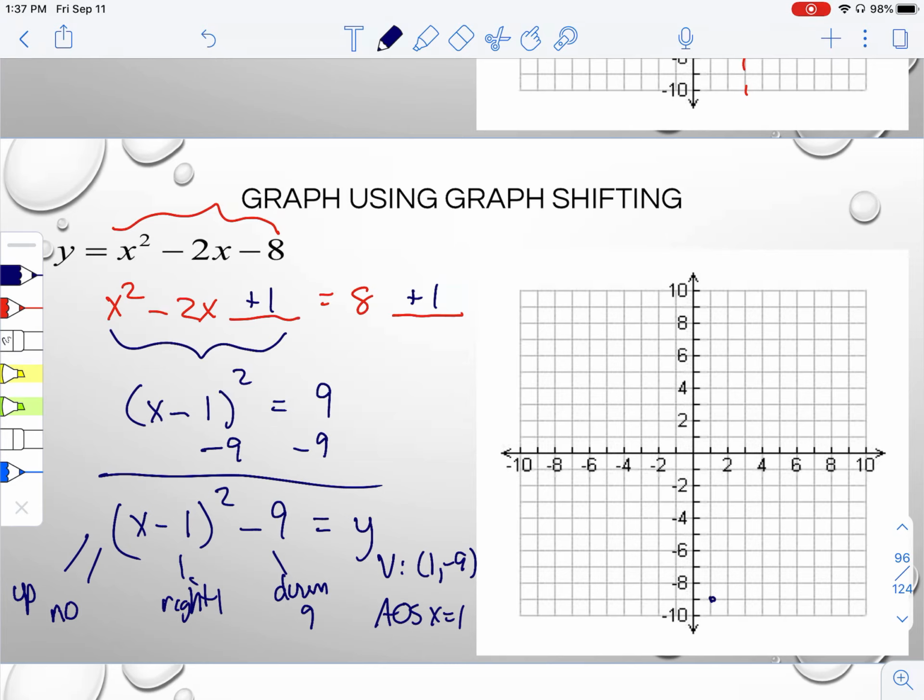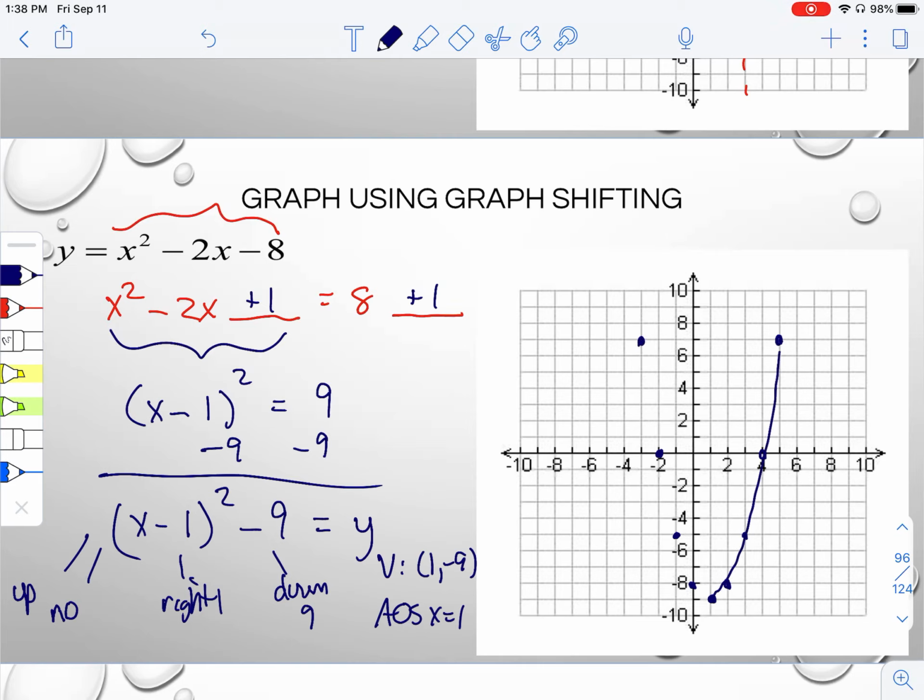So 1, negative 9, and then we can use our staircases, up and out 1, up 3, out 1, up 5, out 1, and up 7.